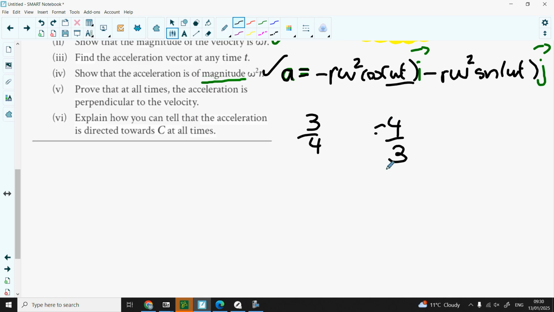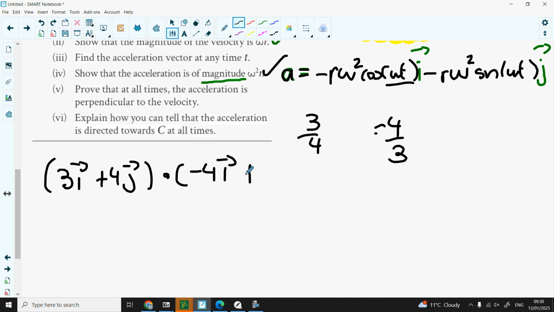So, what was the rule for the dot product? Can anybody tell me? Well, I'll give you an example, right? 3i plus 4j multiplied by minus 4i plus 3j.